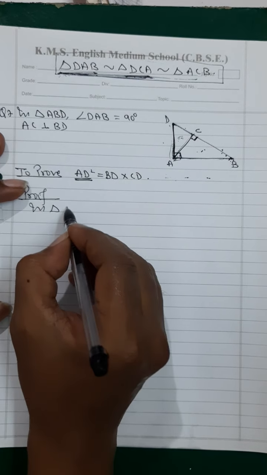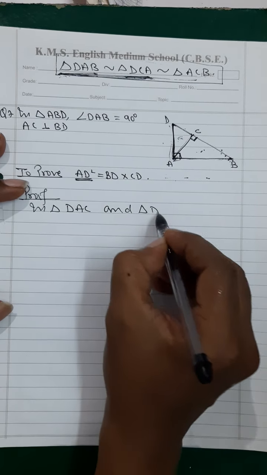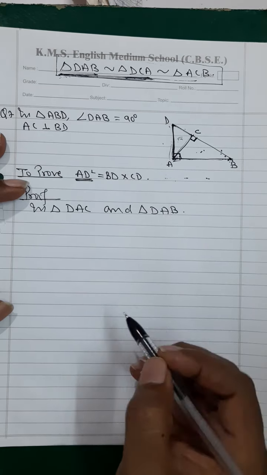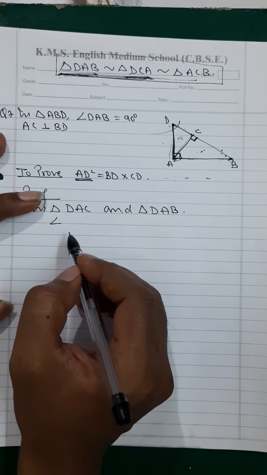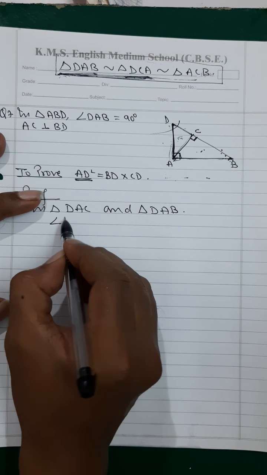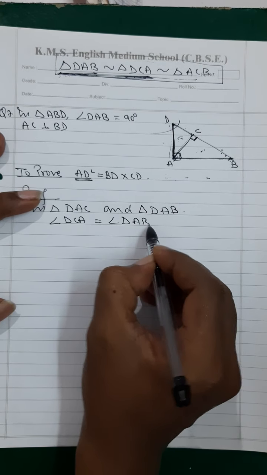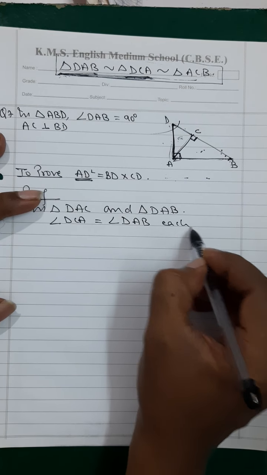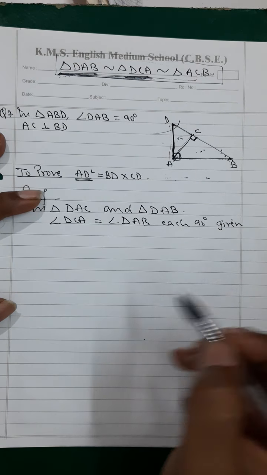In triangle DAC and triangle DAB, what we will get? First of all, I will write angle DCA is equal to angle DAB, each 90 degree, given.